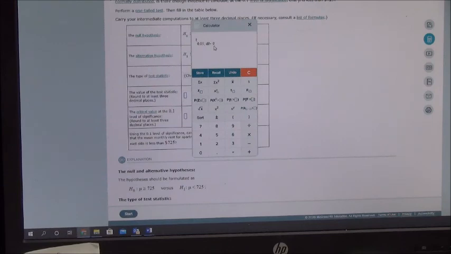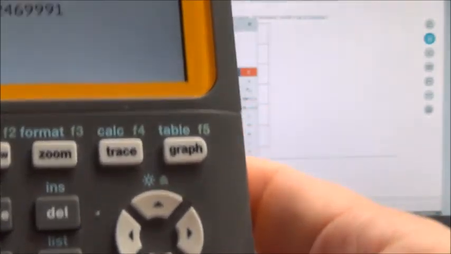I had 10 in my sample, so 10 minus 1 would be 9 for my degree of freedom. So if I enter that in there, you can see that my critical value is 1.833.